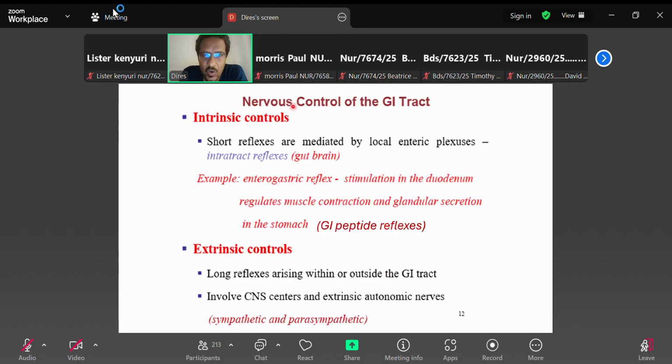It's called enterics or enteric nervous system.